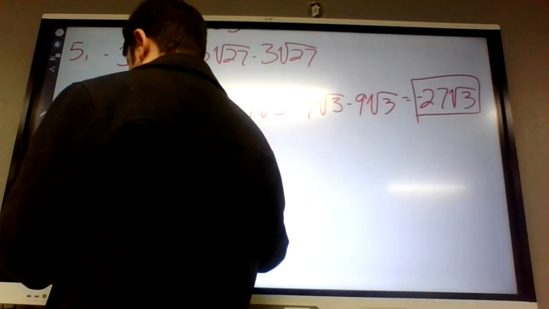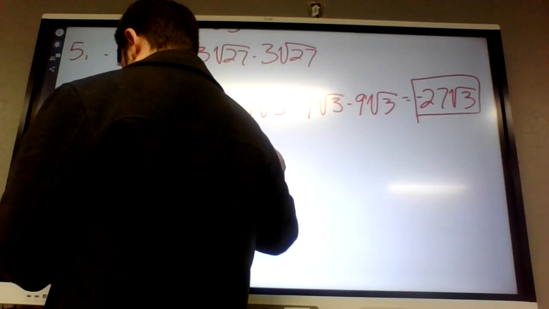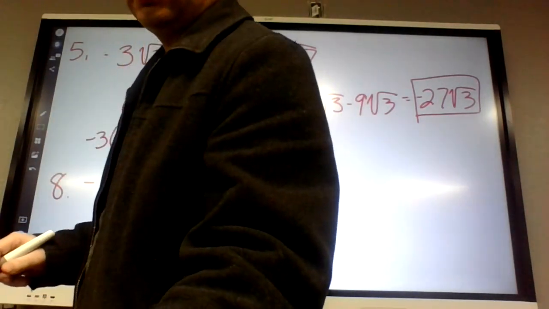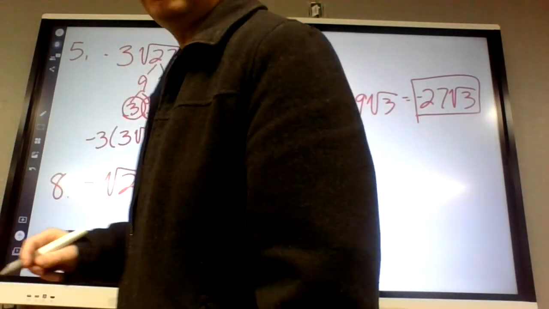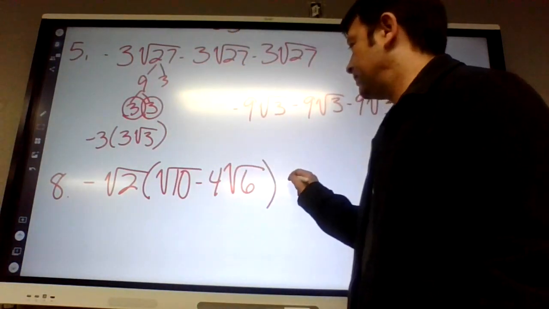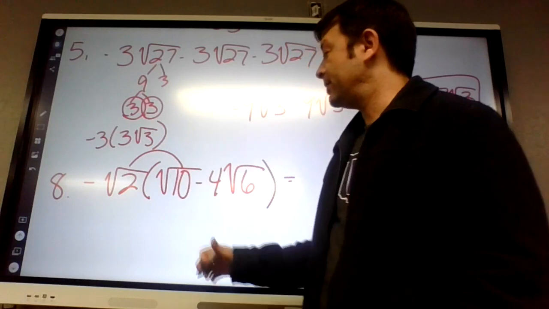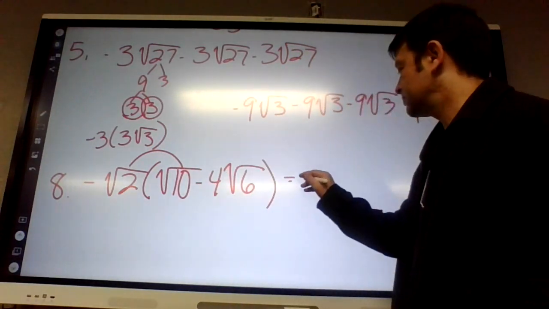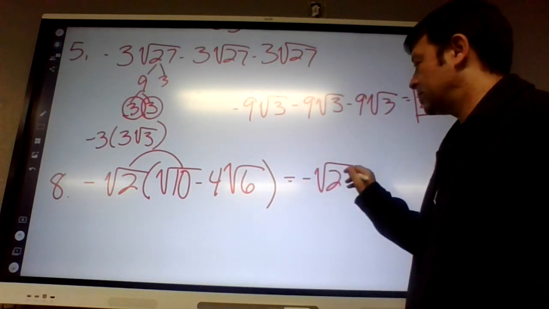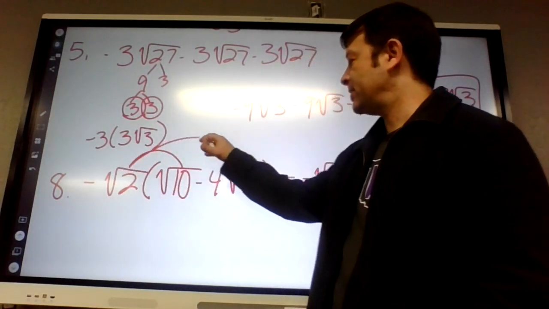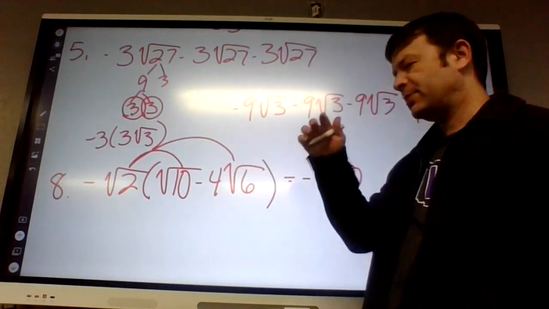So what kind of problem is 8? Distributive. What's negative square root of 2 times square root of 10? Negative square root of 20. And then what's negative square root of 2 times minus 4 square root of 6?